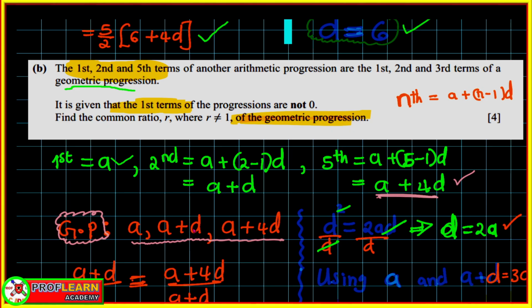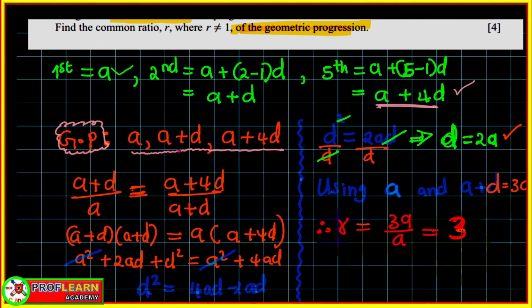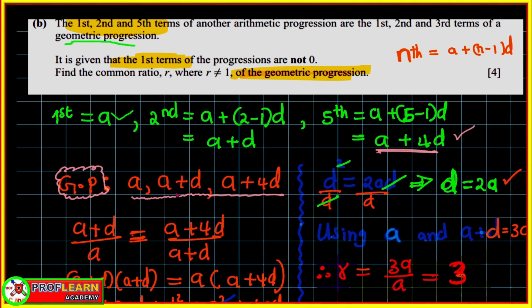And meaning that if you want to find the common ratio, it will be the second term divided by the first term, and the third term divided by the second term, so that we can form an equation like that.